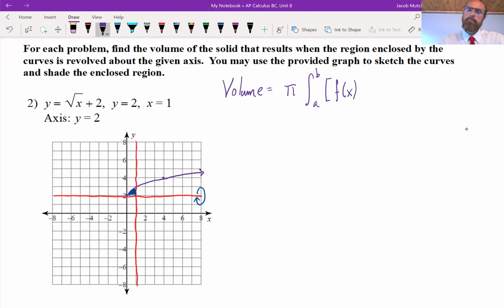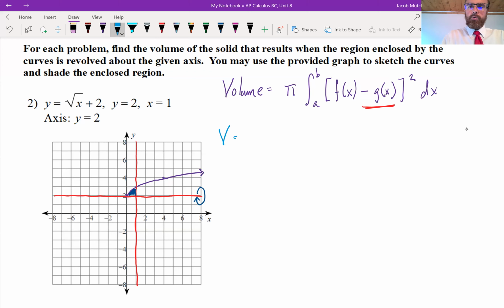The radius is going to be defined by f of x minus my other axis, we'll call it g of x, and then we're going to square that, dx. The main difference between revolving about the x-axis or y-axis is this subtraction.